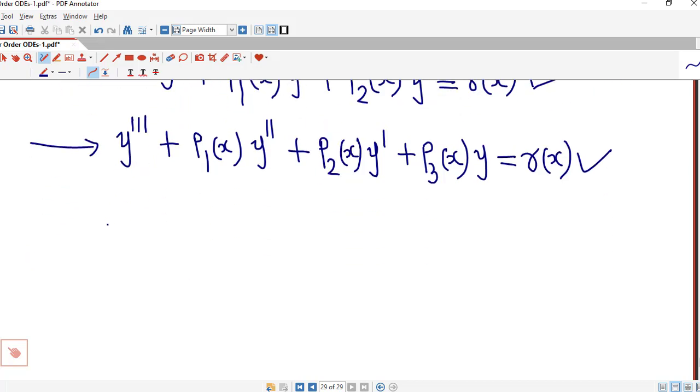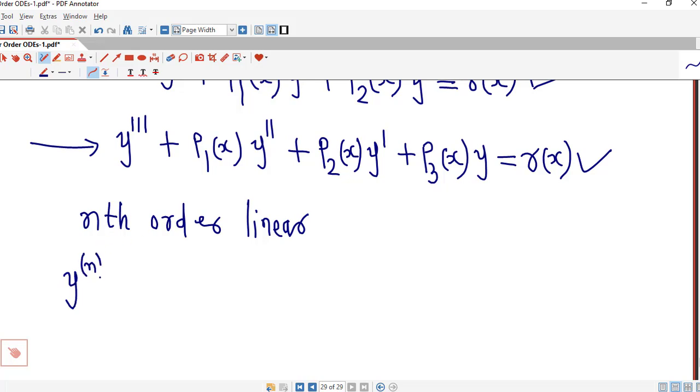In general, suppose we want to define the nth order linear differential equation, then a differential equation of order n is called linear if it can be written in this form.